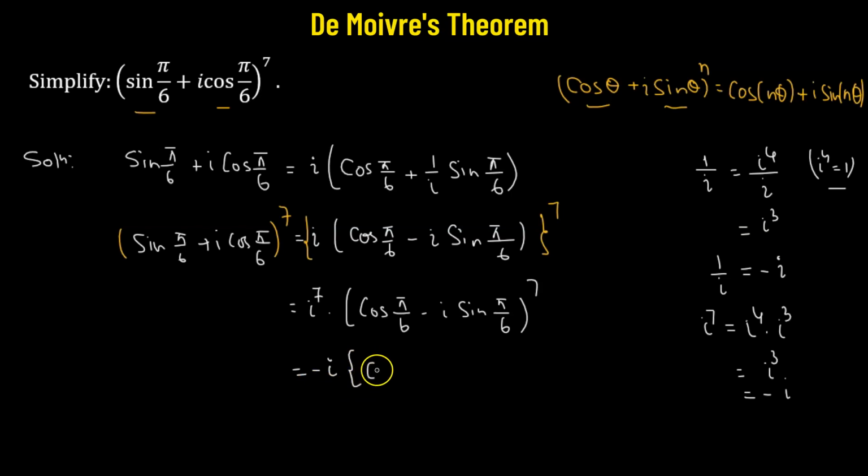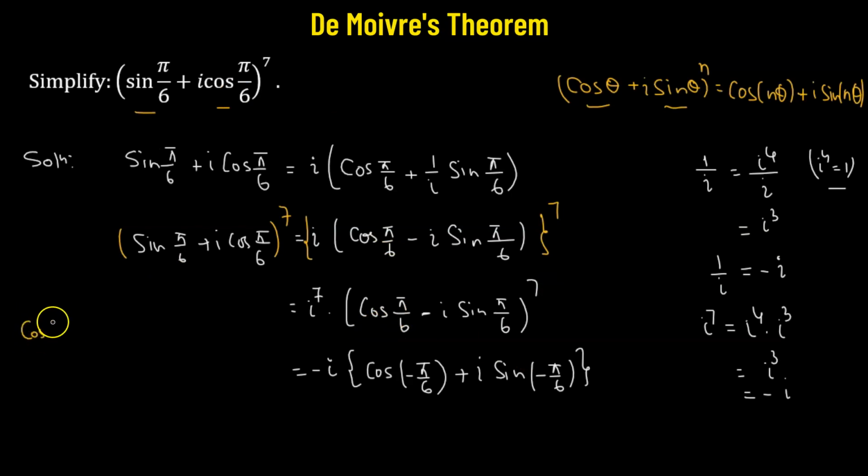Now what we'll do, we'll have cosine of pi over 6, which can also be expressed as cosine of negative pi over 6. This has been done so that we can absorb this negative sign into the sine function. We have positive sine of negative pi over 6. Now this can be done because cosine is an even function.